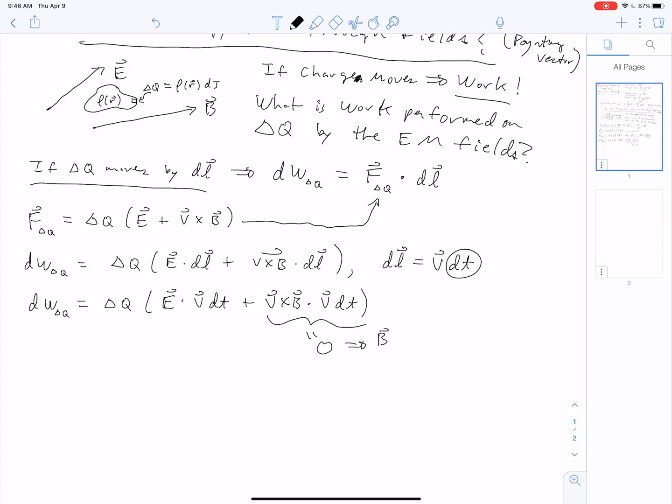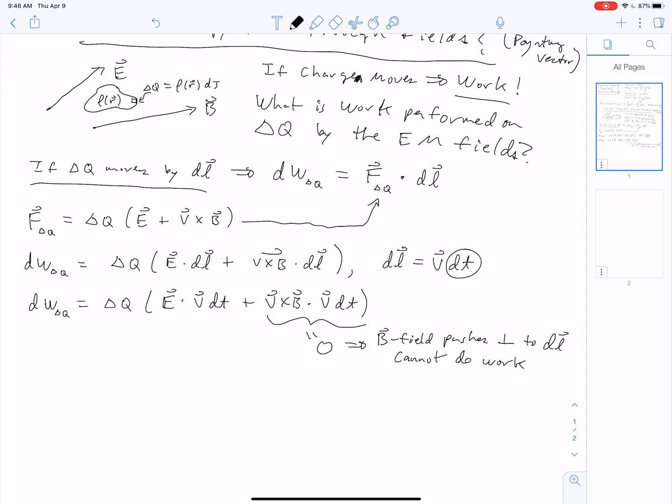The B field pushes perpendicular to dl, the motion, and so it cannot do work. So the B field cannot do work.